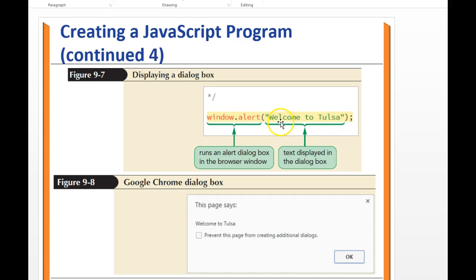You can write it like this syntax and have the semicolon here. This runs an alert dialog box in the web browser and this text is going to show up. And this is how we see it in Google Chrome.